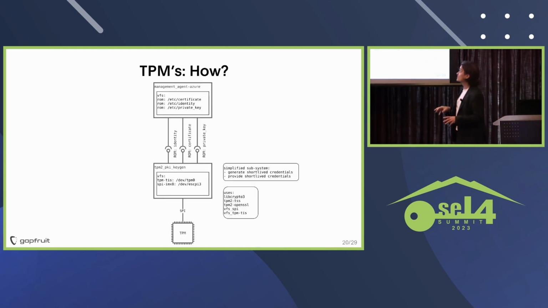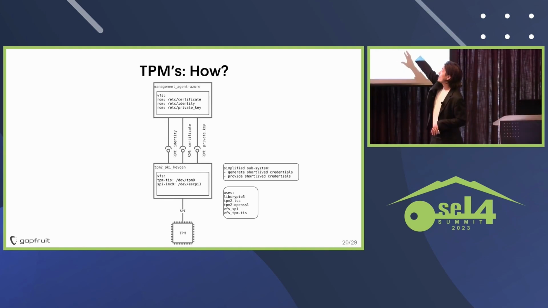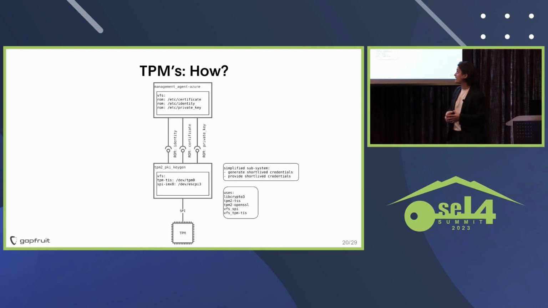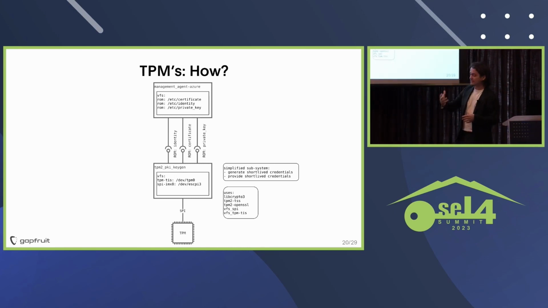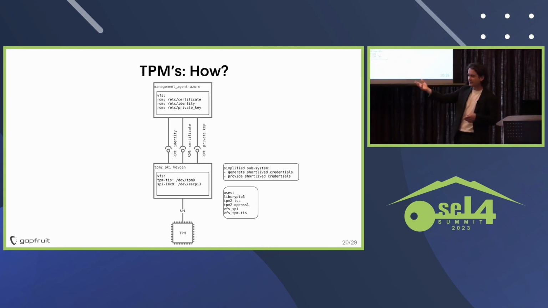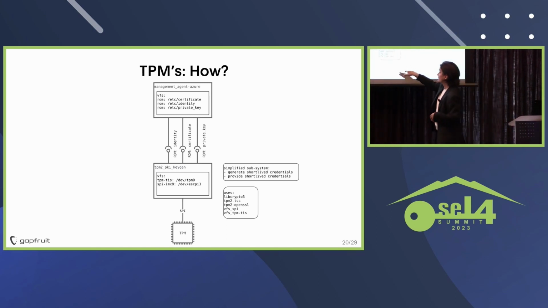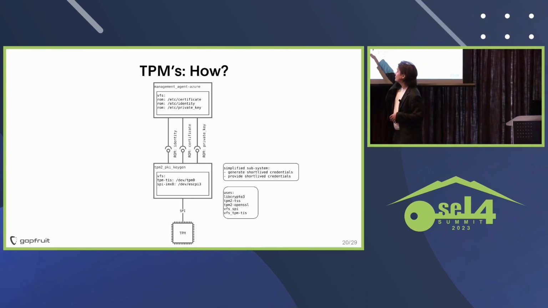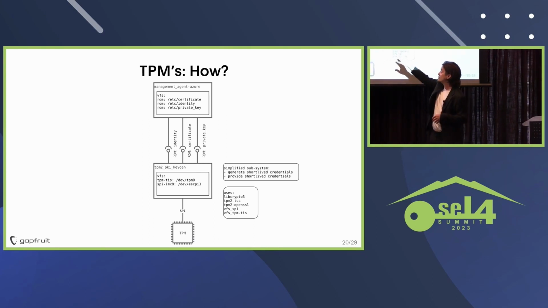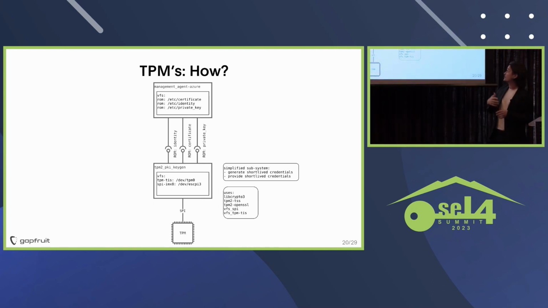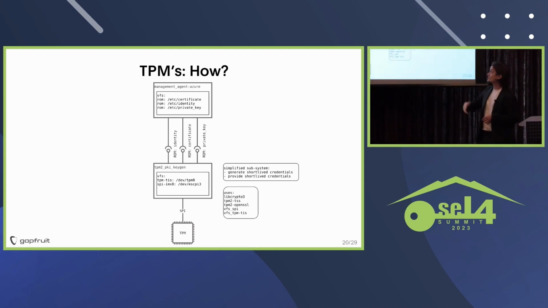Now, how do we do this? On the top, we see the management agent, which is built with the Azure SDK. It needs credentials to authenticate itself to Azure. What we see here is a simplified view of the TPM2 PKI keygen. This generates short-lived credentials and provides them to its clients.